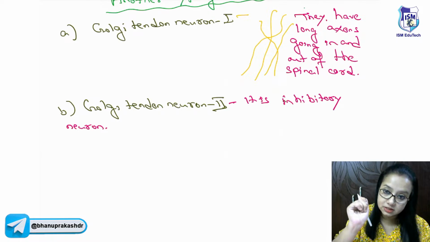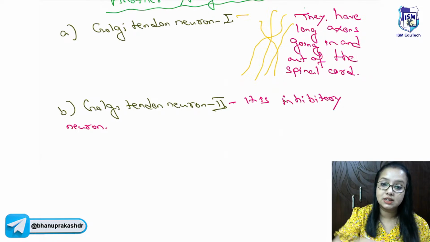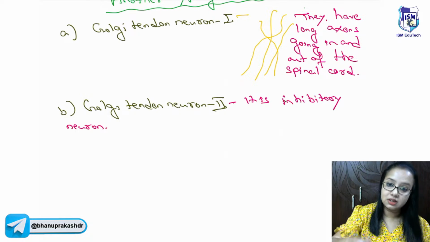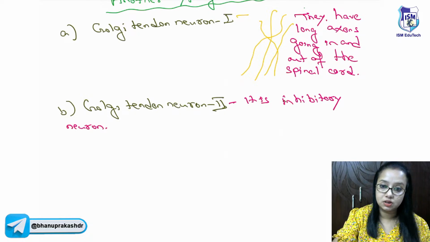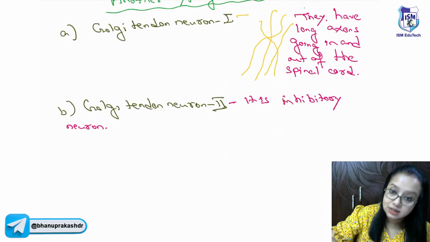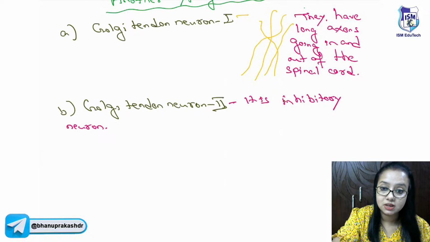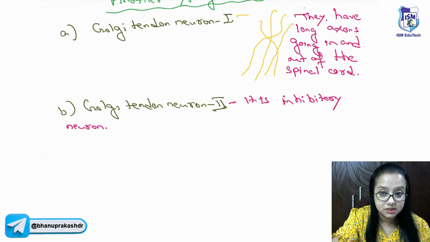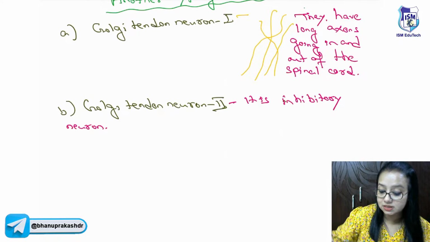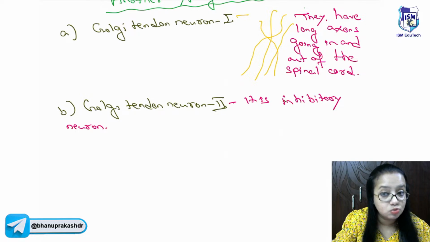Whenever we pat on the knee, the leg sways frontward, with contraction of the muscle. But how far the leg will extend, that there is a limit. That limit is maintained by this inhibitory neuron.